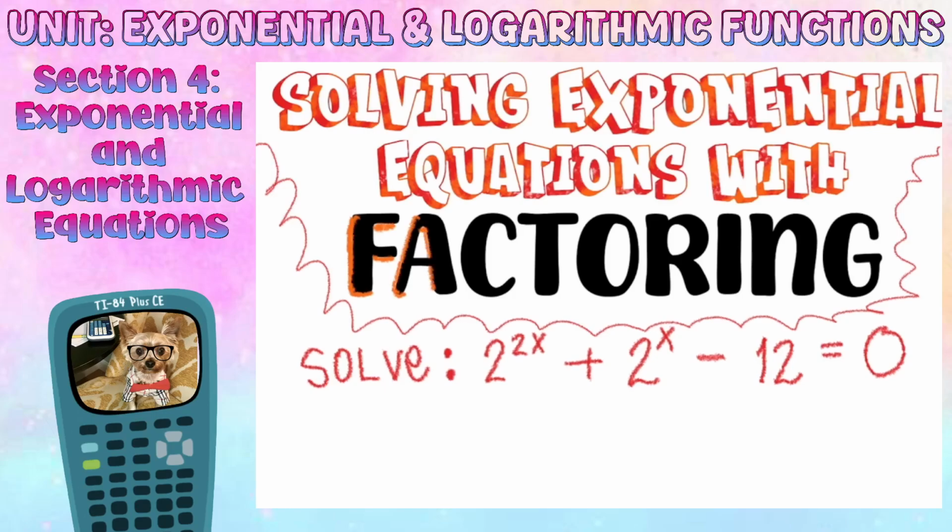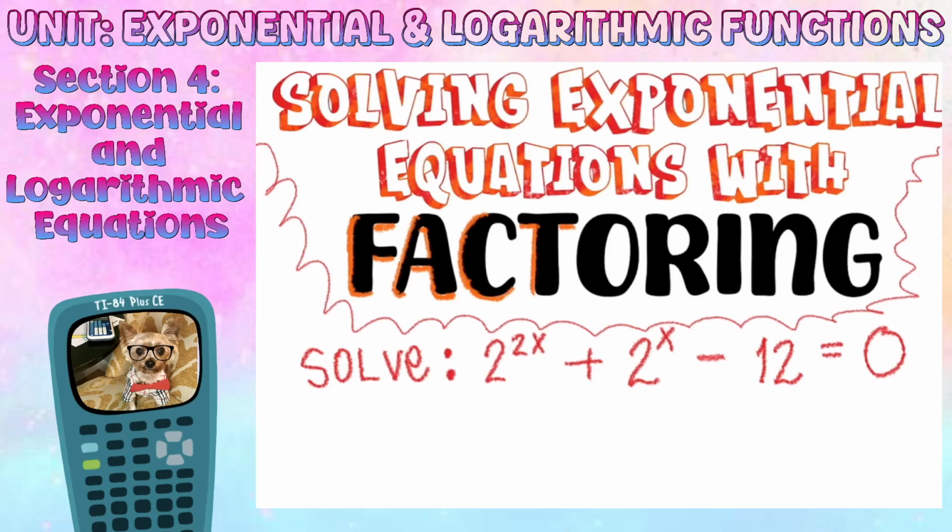People might mistakenly look for a pair of numbers that multiplies to give you negative 24 or negative 12, and then adds to give you positive 2. If that's how you're looking at it, you're going to run into some trouble.